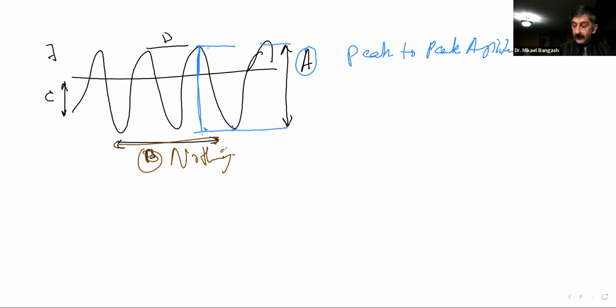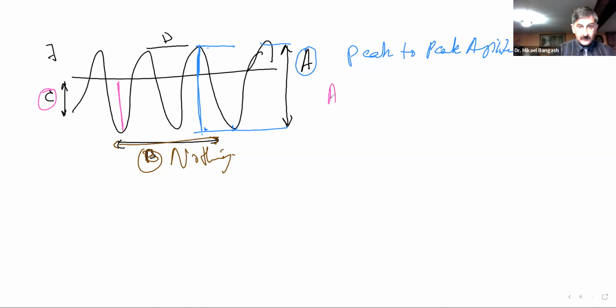Now, which of the following best describes the line identified by the letter C? That would have been the amplitude.